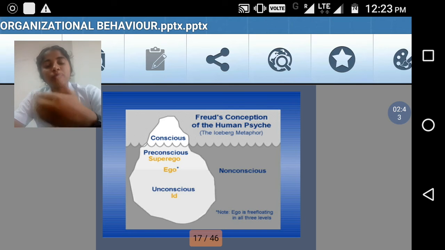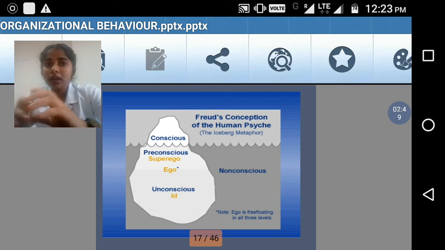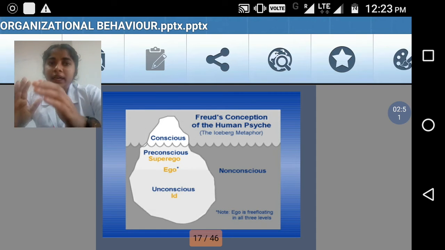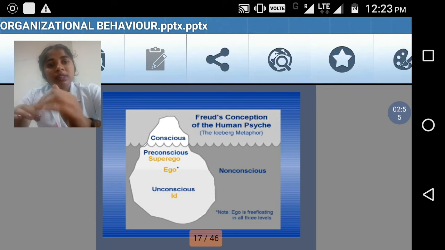Then the next one is superego. Superego works under morality and ethics. It cannot think apart from that. It must follow what is right. So that is the superego, and the center one is ego.